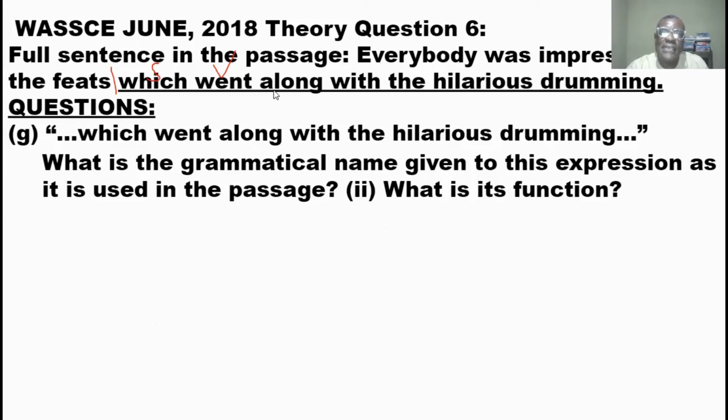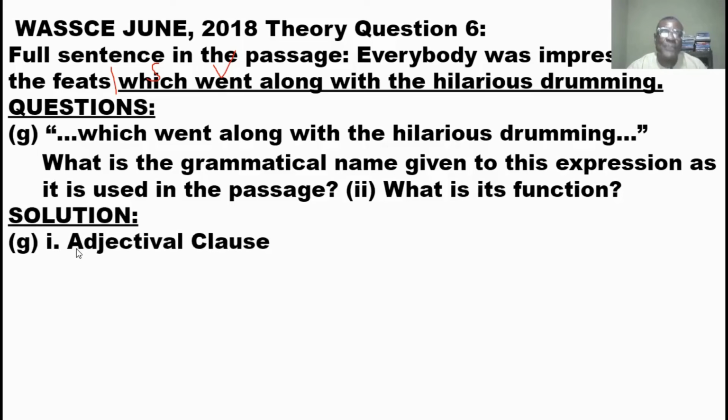Normally, an adjective will modify a noun, and the noun that shares a common boundary with this expression is feats. Okay, so this adjectival clause modifies the noun feats. That's the answer.